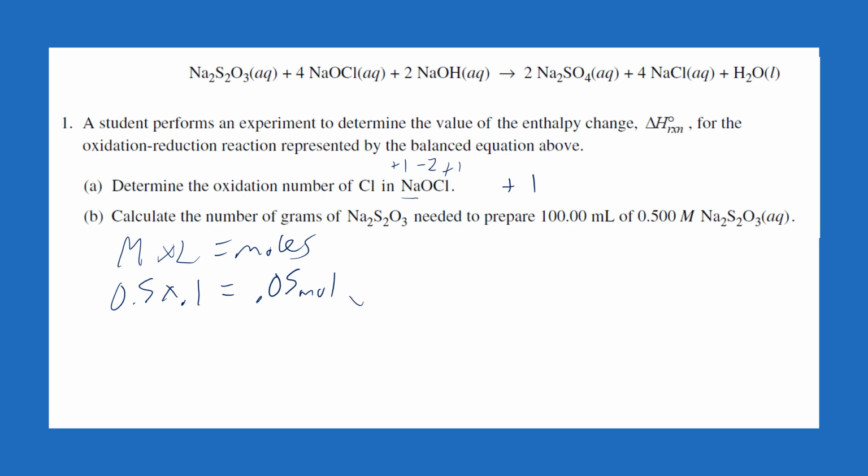And then you would use the molar mass of Na2S2O3, which is 158.10 grams per mole. So that would cancel and you multiply, you get 7.90 grams. And it looks like we're using 3 sig figs here because of the 3 in molarity.